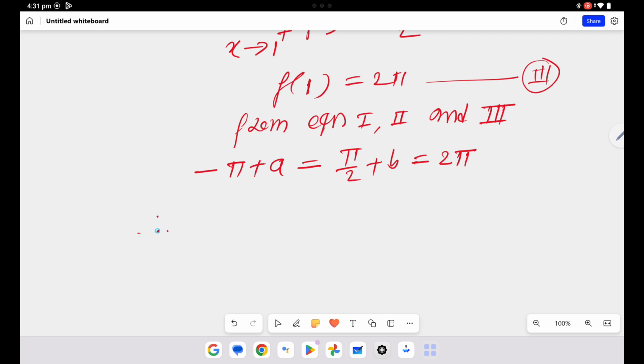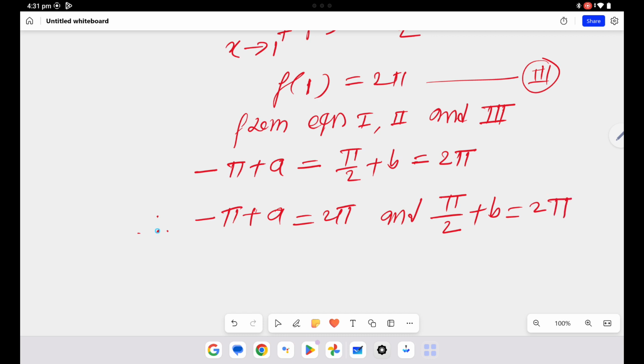So minus pi plus a is equal to 2 pi. Next, pi by 2 plus b is equal to 2 pi, that is, pi by 2 plus b is equal to 2 pi.